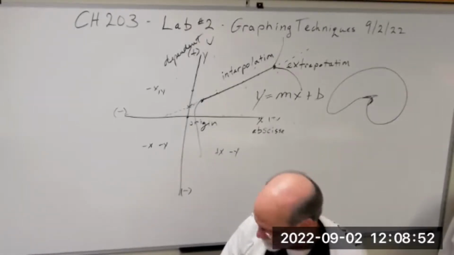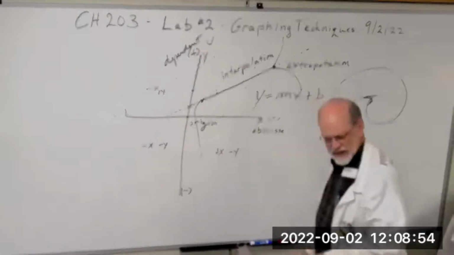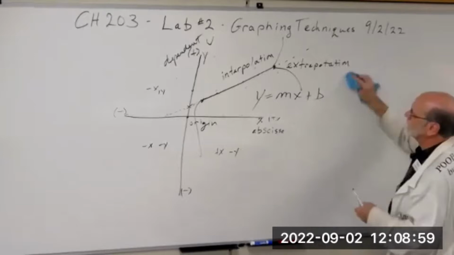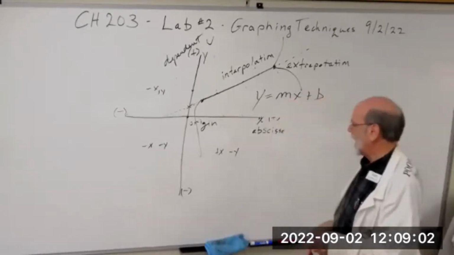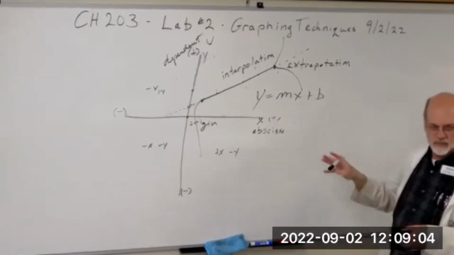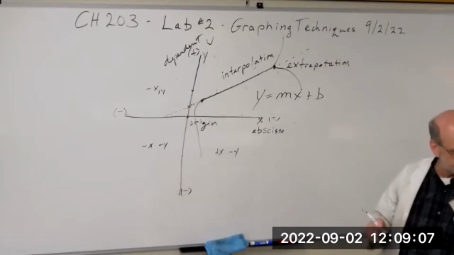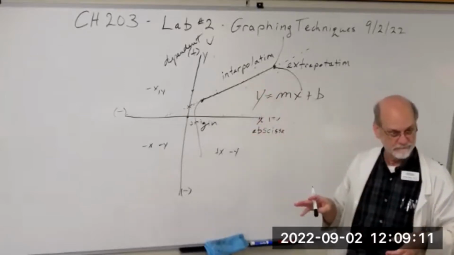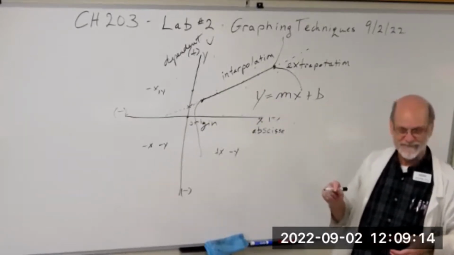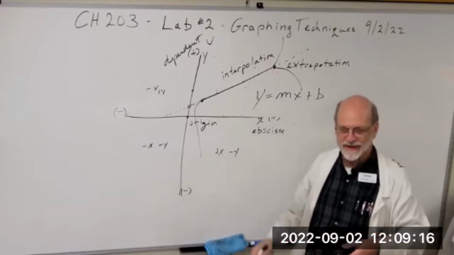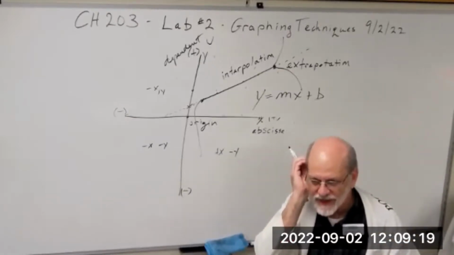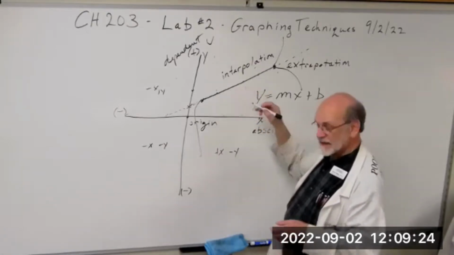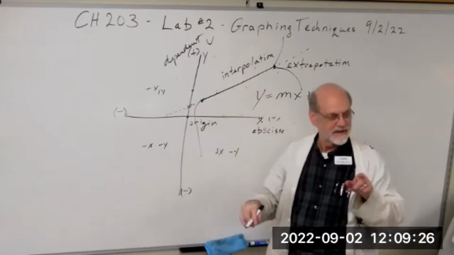Okay, so back to our straight line. How do you get the slope of the line? What does the slope mean in relationship to that line? No idea? I'm sorry? Well, yeah, it's more than that.